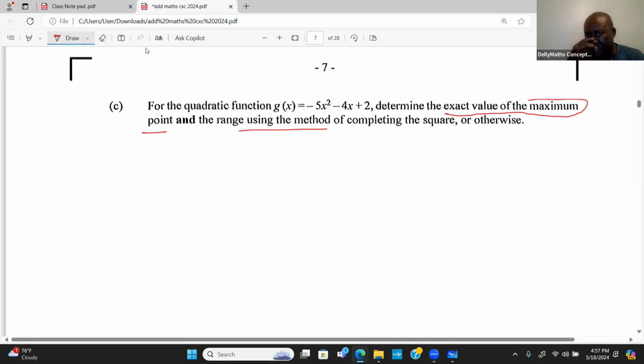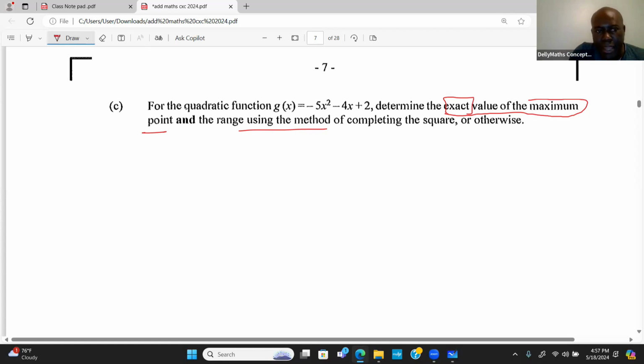When they say the exact value here, they don't want you to round it off, because you may end up getting some fractions. So instead of rounding off the decimal places, you're going to keep it as a fraction. That is why they really say exact here, because they did not want a rounded figure. Fractions are exact, but when you round off, not really.